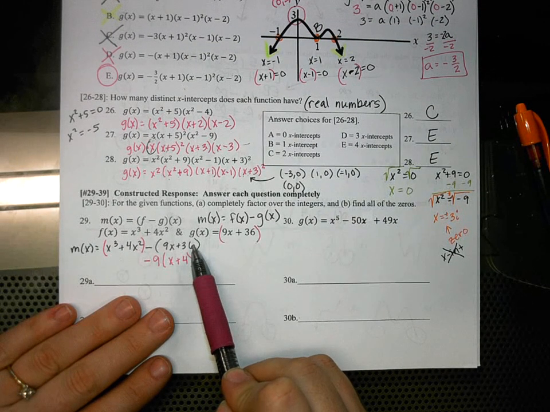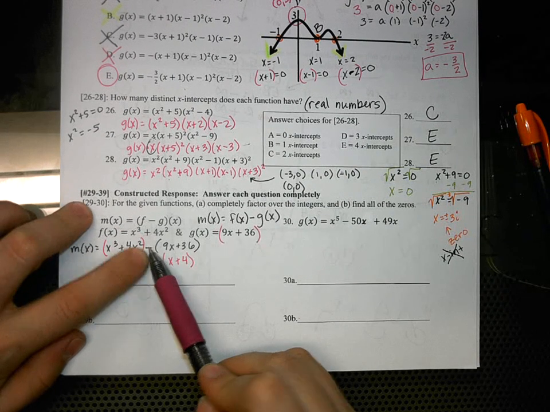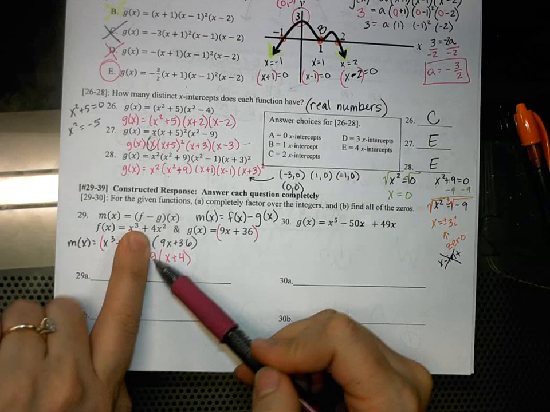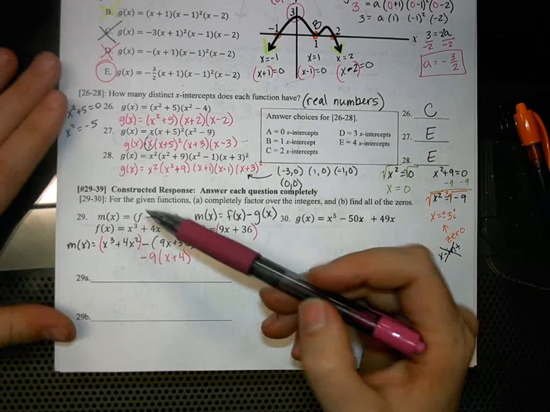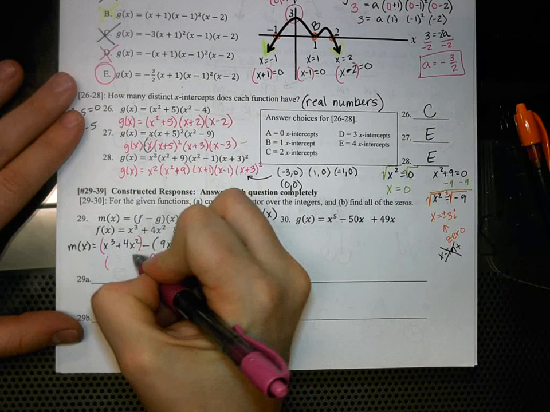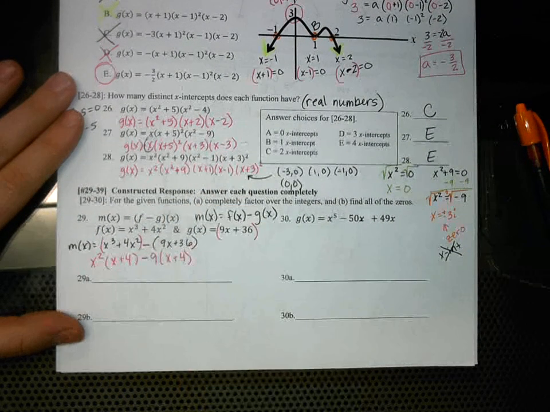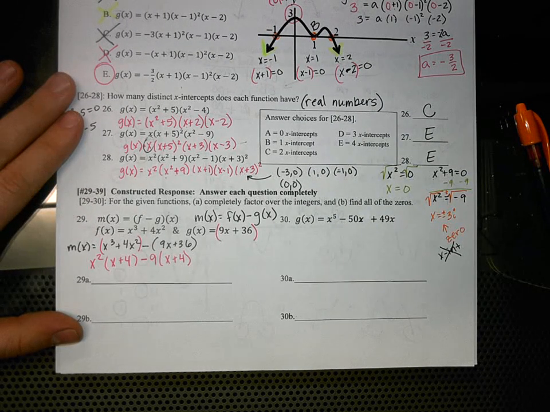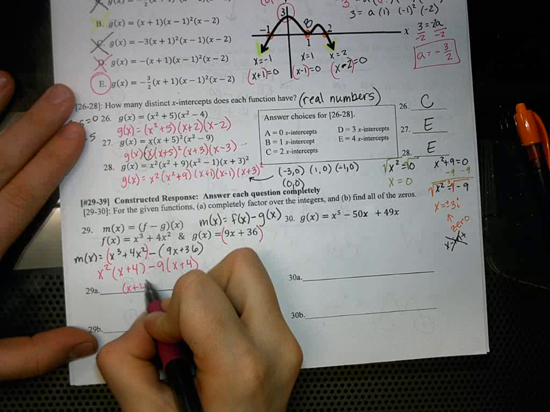We're not going to get the negative part because the negative was already outside. So if you distribute this back in, just check with the 9. And then the negative will match from up here. On the left-hand side, the greatest common factor is x squared, and I'm also left with x plus 4. Okay, now my greatest common factor is x plus 4, and that leaves me with x squared minus 9.